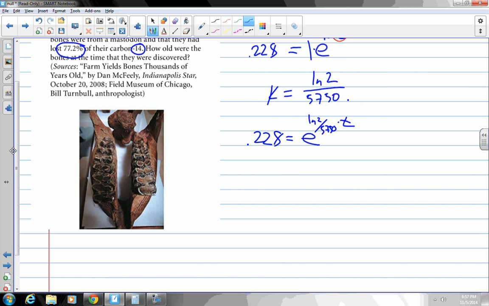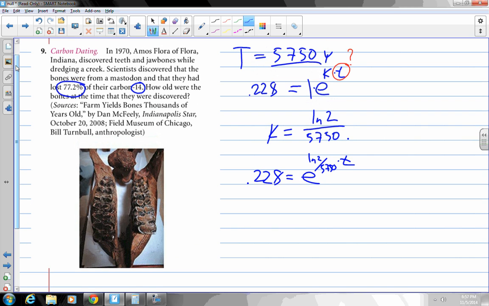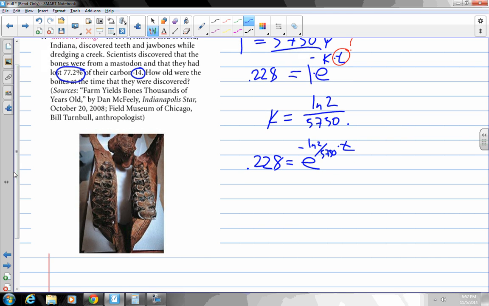And of course I'm lying. There should be a negative in there and a negative in there. Right? It's a decay model, so we've got to have negatives. So take natural log of both sides. We have ln of 0.228 equals negative ln of 2 over 5750 times t. So I can solve for t by multiplying by the reciprocal.